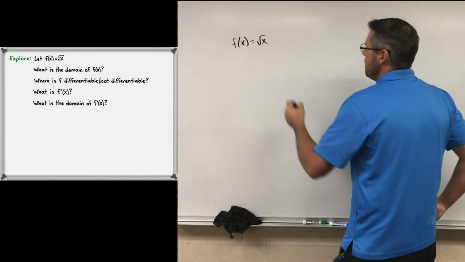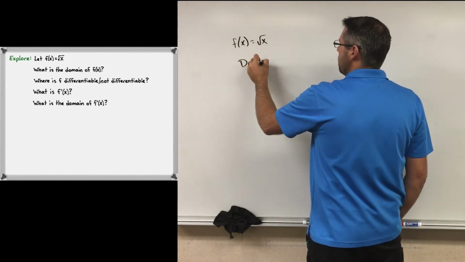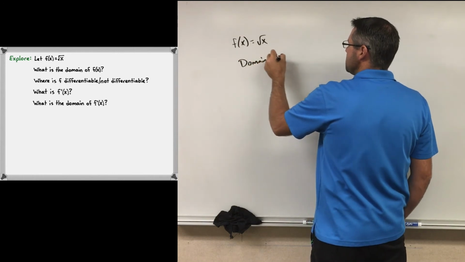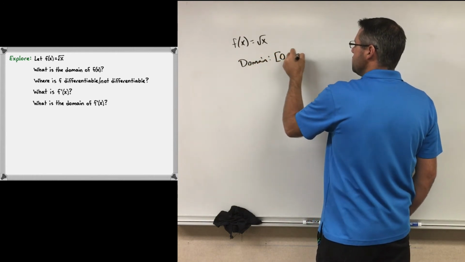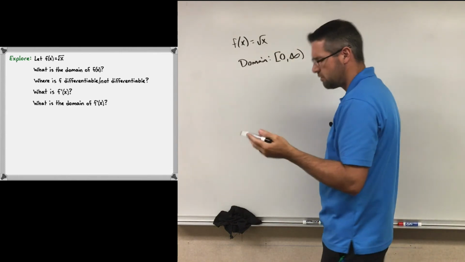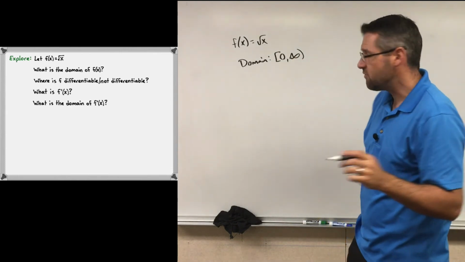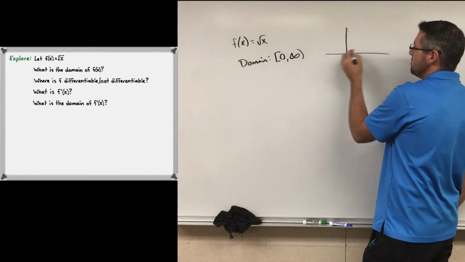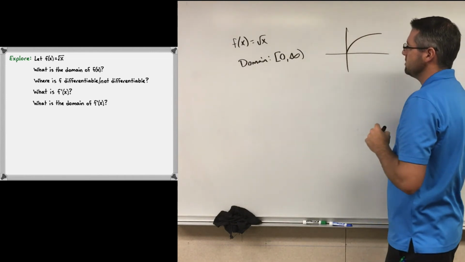okay, what's the domain? The domain of this guy, we know the domain is from 0, including 0, to infinity, right? So I can plug in 0 and take the square root of 0 and get 0. That's fine. But if I ask for where this function is differentiable, you know that this function kind of looks like this.